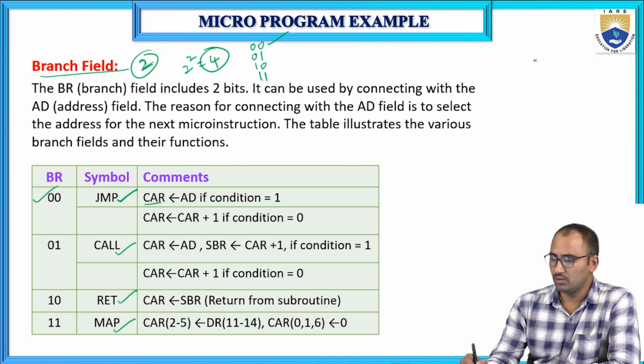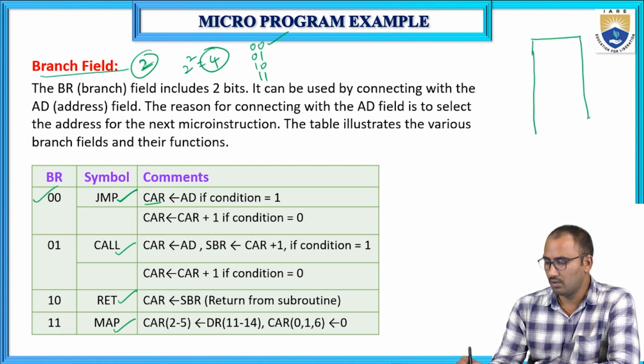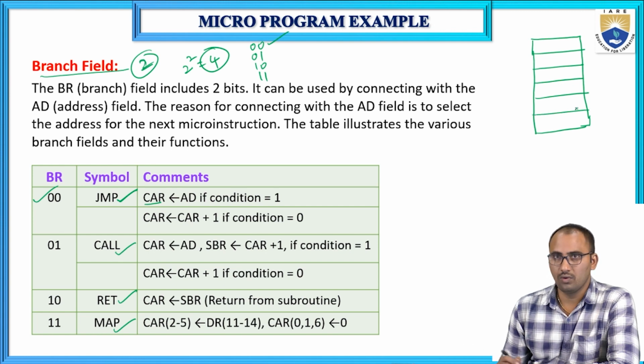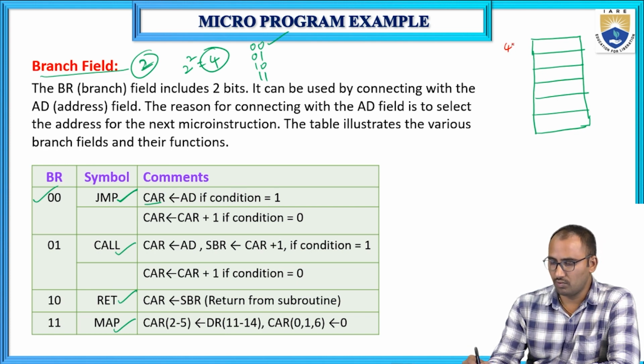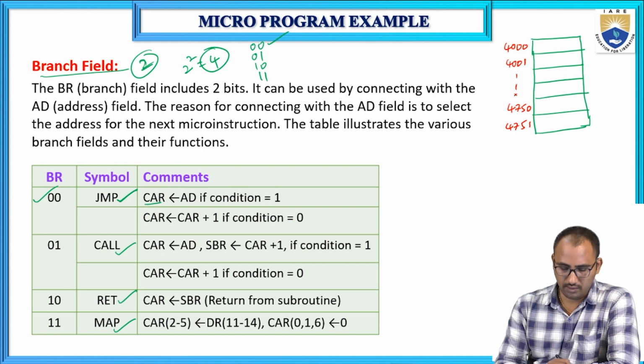You can understand this with one example. This is a memory, with addresses 4000, 4001, 4750, 4751.